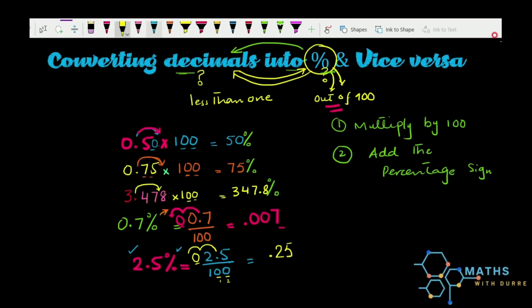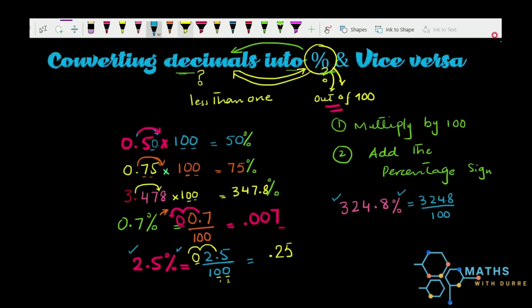Let me write one more example. 324.8% is the question. It seems a little longer, but no need to worry. The process is the same. What is the process? Whatever the number is given, you have to write the same, 324.8, and instead of this sign I will write over 100.